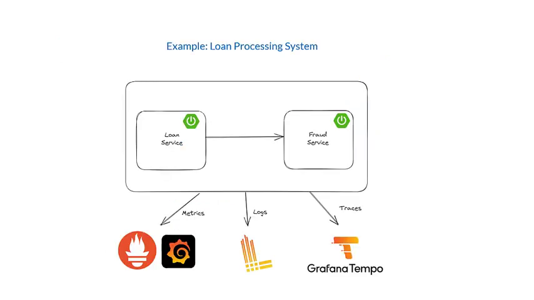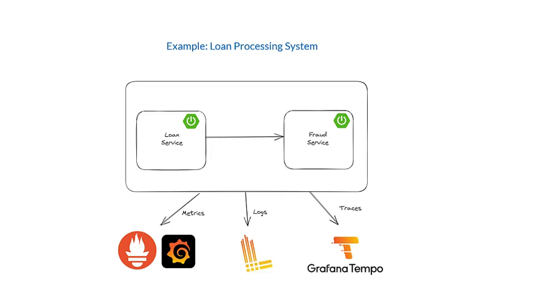So let's see the sample we are going to use. We are going to use a loan processing system. It's a very simple application which consists of two services. One is a loan service and the other is a fraud service. The loan service is responsible for accepting loan requests from customers, and then the loan service will validate this customer against the fraud service, and if the customer is part of the fraud list, then the loan will be rejected.